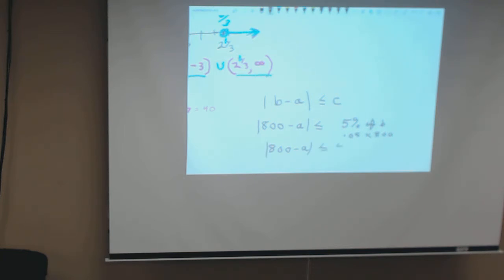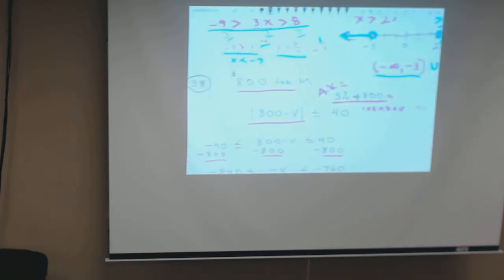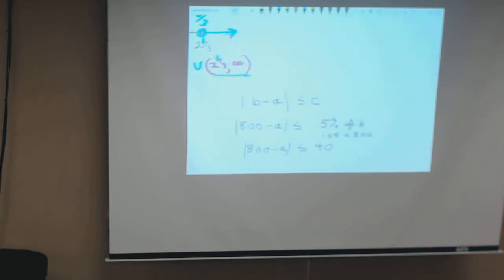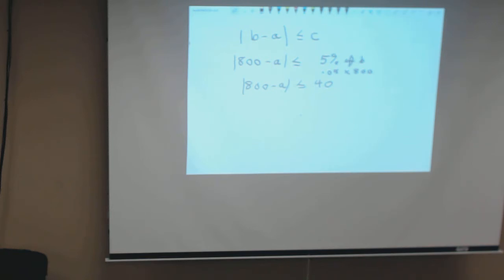Everybody see where I'm getting those numbers? Looks a little messy over here. So we'll just do it over on this side. Then I come down here and I go, okay, I have 800 minus A, and then I put less than or equal to 40. And what goes on the other side? Greater than or equal to negative 40.